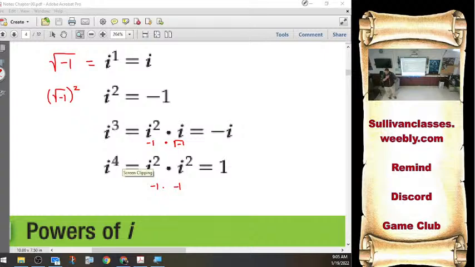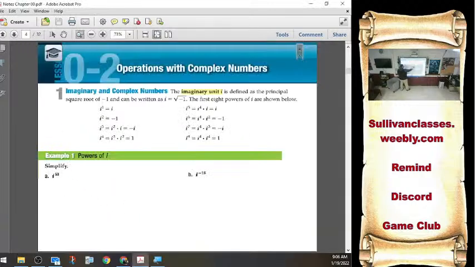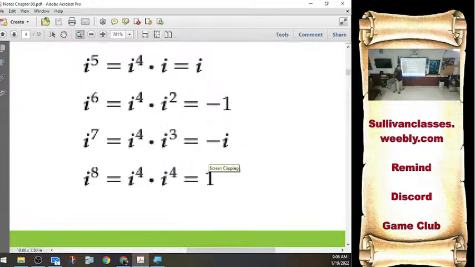I know that I go off about what the ring of i is in Algebra 2. I don't know if you've all seen it. What happens when I keep going? If I go past i to the fourth, well, since i to the fourth is just 1, then i to the fifth is 1 times i. i to the sixth is 1 times i squared, i to the seventh is 1 times i to the third, and i to the eighth is 1 times i to the fourth. And you see they're the exact same things.